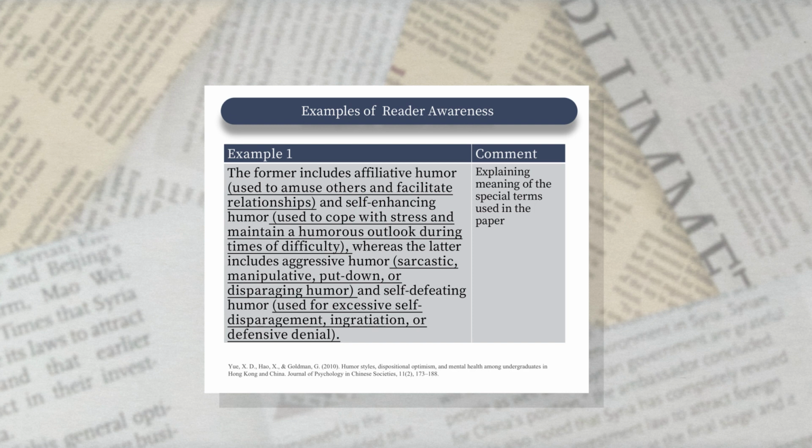Now, you can see in this short sentence, I explain what different humor styles mean. I do not take it for granted that you know what these terms mean. I would explain on the spot.